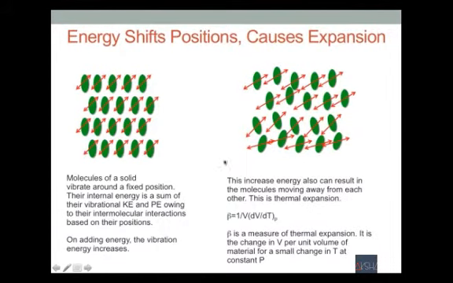This increase in energy can also result in the molecules moving away a little bit from each other. This is thermal expansion, and this here is the coefficient of thermal expansion. It is the change in volume, delta V per unit volume V, for a small change in temperature at constant pressure. So it's the change in volume per change in temperature for a unit volume V at a constant pressure.